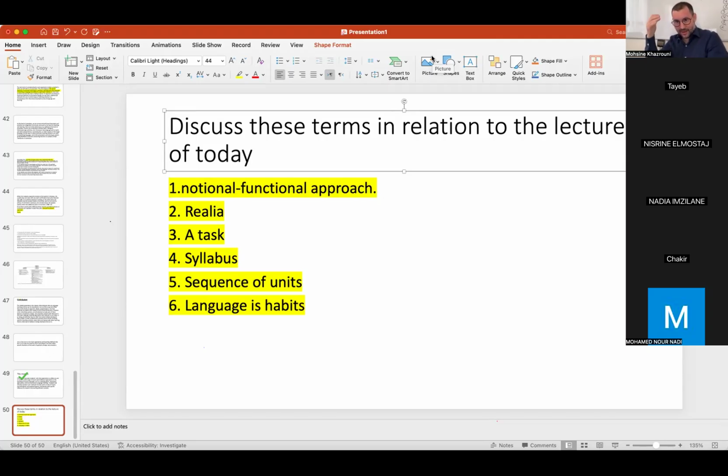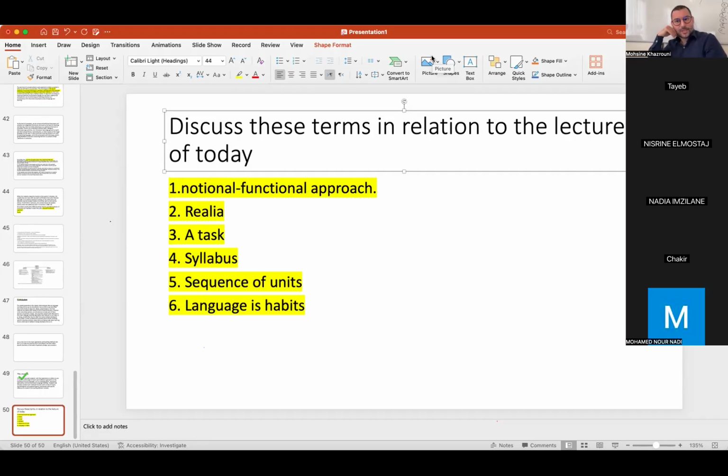How would you deal with errors in communicative language teaching? I think for communicative language teaching, they are corrected after the learning is complete. For example, when our learner is speaking, whenever he or she finishes the speech or conversation, we correct them.